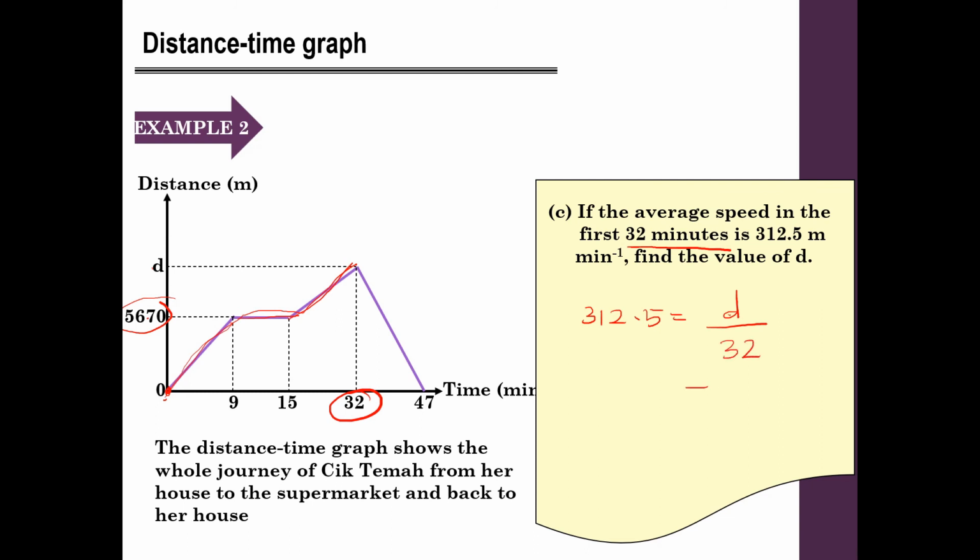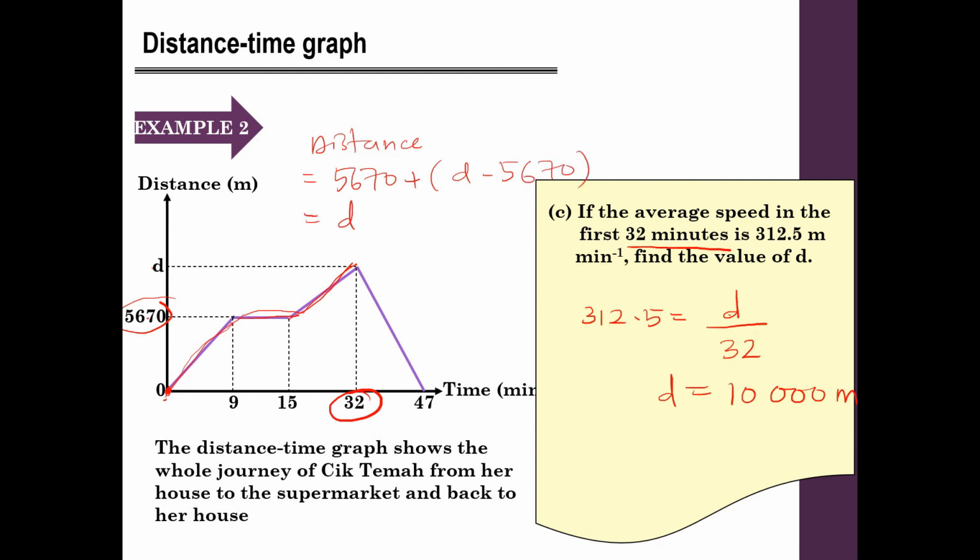And so we have the answer: D is equal to 32 times 312.5, so the answer will be 10,000 meter. If you want to calculate the distance as 5670 plus D minus 5670, we also have the same answer.